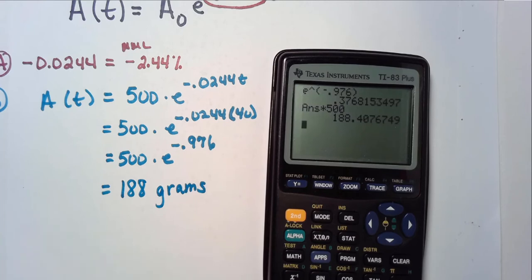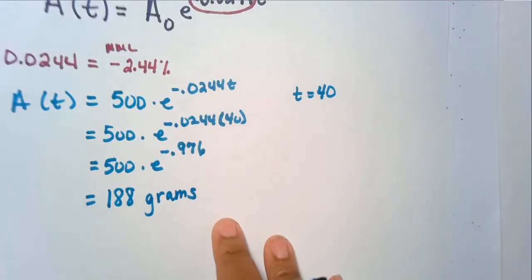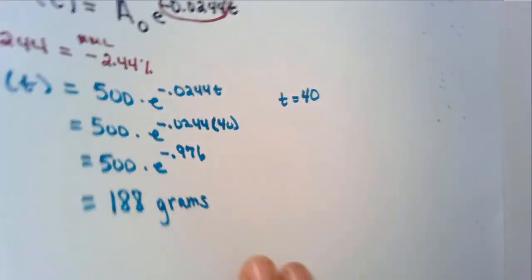Example C. Okay, let's do that one. It says, when will only 300 grams of strontium 90 be left?